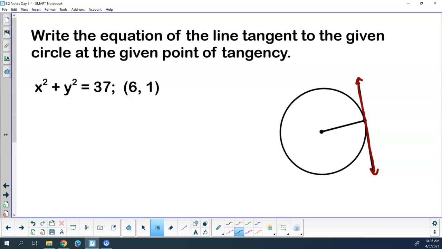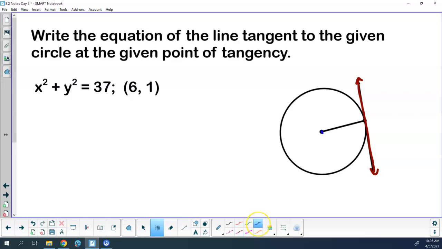Okay? So, what can you tell me about this circle? You should be able to tell me two things about any circle. Where is it? It's at the origin, because it's got no H and it's got no K. Okay?